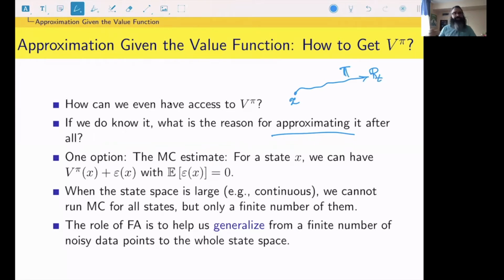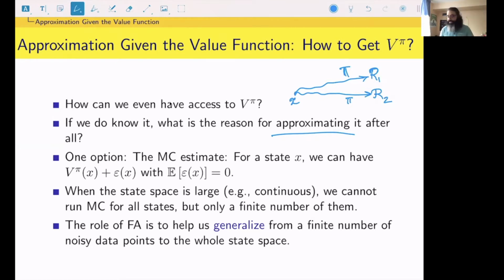And maybe we can do it several times, or just one time. Each of these, by following a policy, returns a return 1, return 2, trajectory 2. And if we added them, the average of them would be an unbiased estimate of the value function.